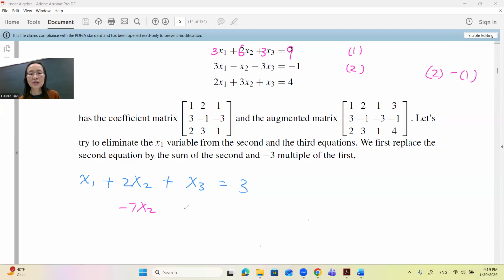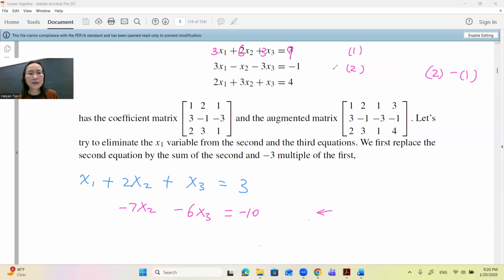And just so it's neat, minus that is x3. Do a subtraction, second minus first. So negative 1 minus 9, negative 10. So this is the second equation. So you see what I did to the second equation, right? I eliminated one variable.